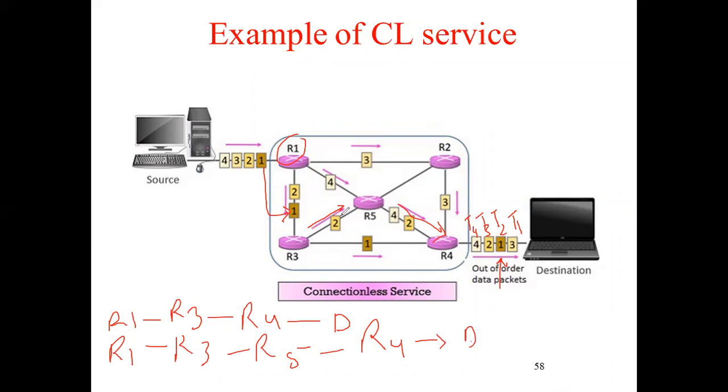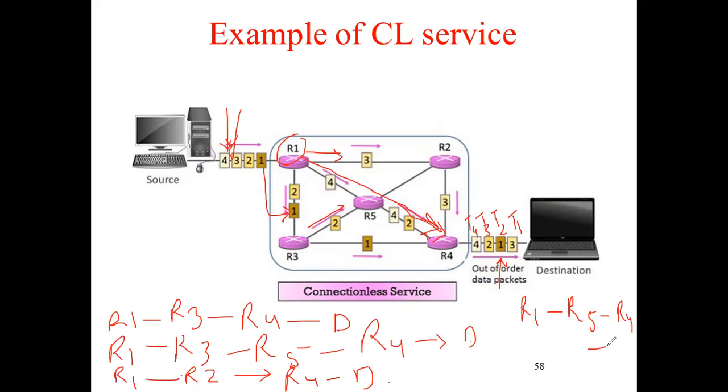Then talking about the third datagram packet, which is this one, it is moving through R1, then reaching router R2, then moving to router R4, and then reaching the destination, right? Whereas the last datagram packet is moving from R1 to R5 and then R4, and then finally reaching the destination.